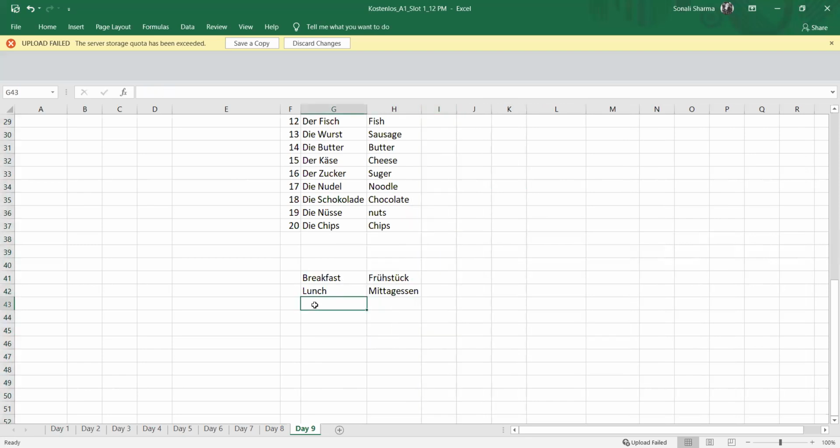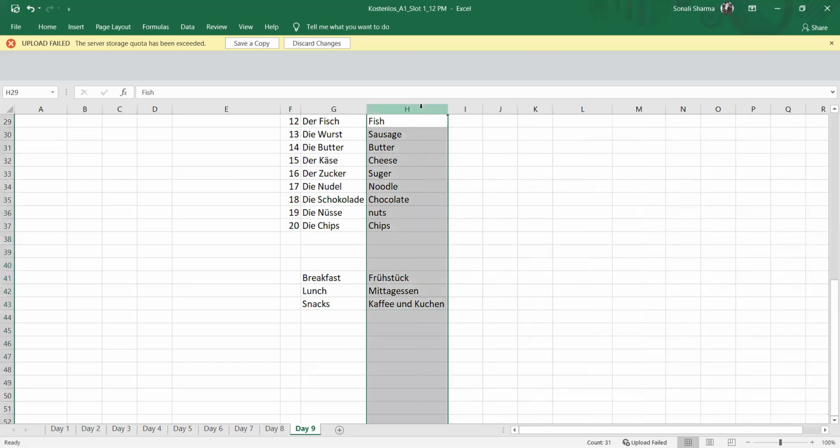Next we have snack time. So for snacks, in German it is mandatory to have Kaffee und Kuchen. This is the term which is used for snacks there. Germans like to have cake or coffee once in their whole day.